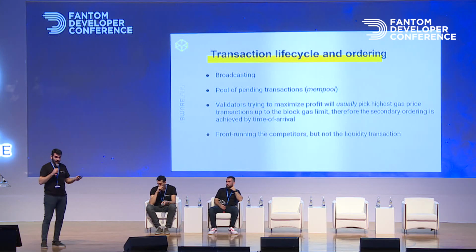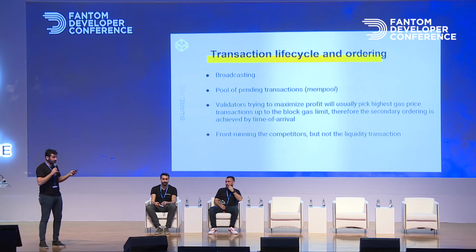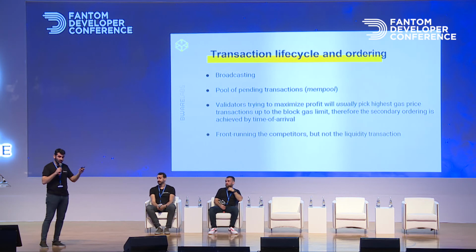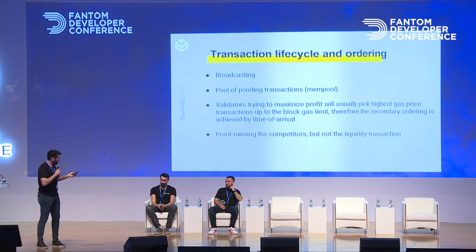And the flow is simple. The transaction is broadcast. It's added to a global pool of pending transactions waiting to be gathered by a validator and added to the blockchain in the next block. Usually, in proof of work consensus, these transactions are sorted by gas price because the miner will try to maximize their profits.